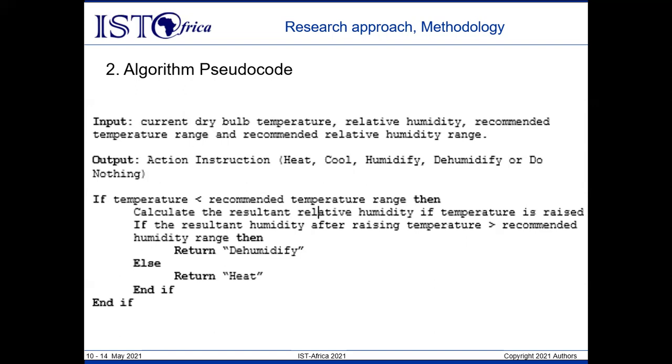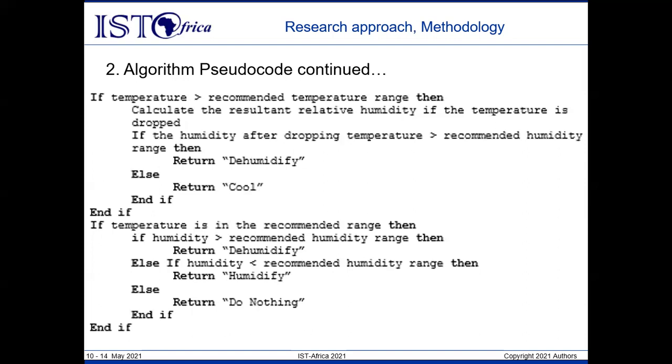Now, if this resultant humidity after raising the temperature is above the recommended humidity range, it means we have excess moisture in the air that needs to be removed, because if we don't remove it and we proceed with heating, we will be heating unnecessary moisture in the air. So we proceed to dehumidify until the humidity is in a range where it will be in the recommended range after raising the temperature. When we do that, that's when we heat the air to the recommended temperature.